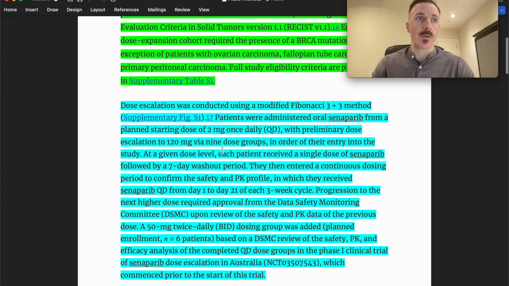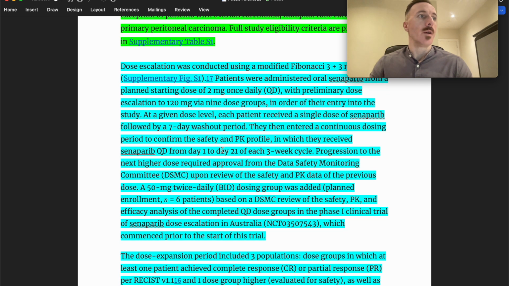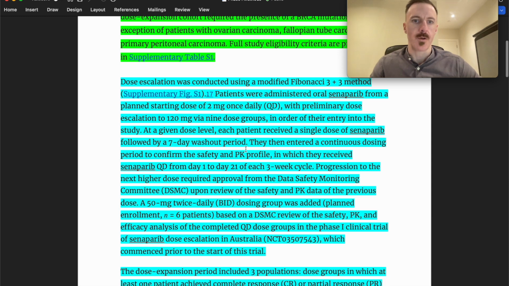As this is a phase 1 study, we must describe the methods used to identify the appropriate dose. Here, dose escalation was conducted using a modified Fibonacci 3+3 method, starting at 2 milligrams once daily, which is QD, an abbreviation from the Latin quaque die, and escalation up to 120 milligrams across 9 dose groups.